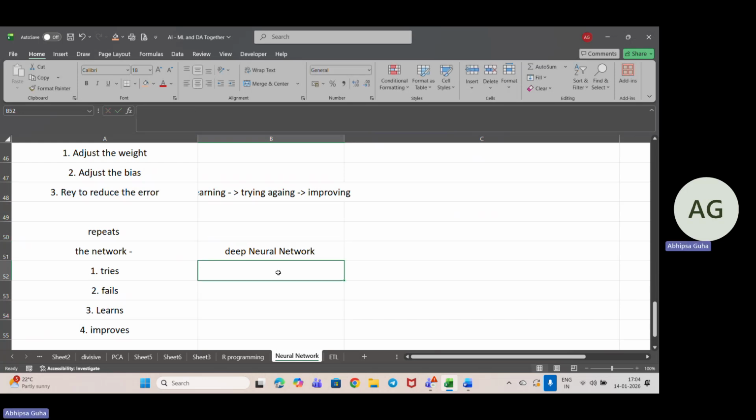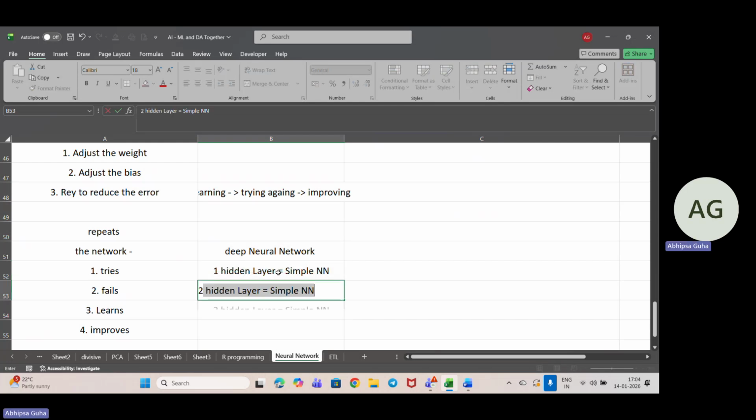So basically, one hidden layer is a simple neural network. Coming to the second point, many hidden layers comes down to a deep neural network. Okay, so this is the idea.